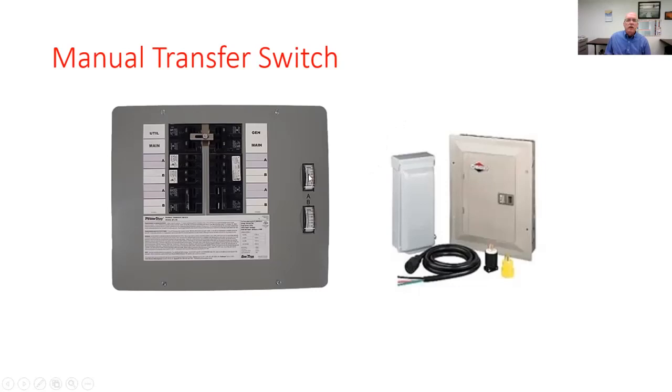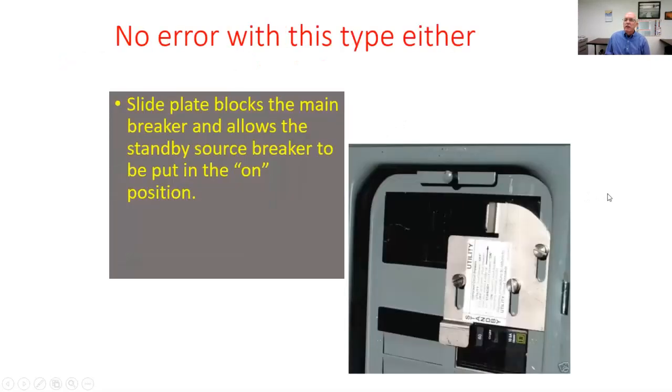And here you have a nice one, I like these. The A and B will tell you the amperage on the two phases that are coming in, phase A and phase B. With this type there's no error either. There's a slide plate, and the main breaker allows the utility to be connected, and it blocks the generator.